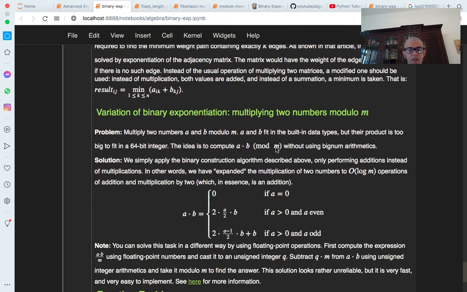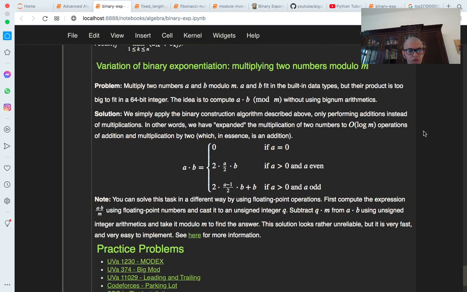Variations of binary exponentiation include multiplying two numbers modulo m.